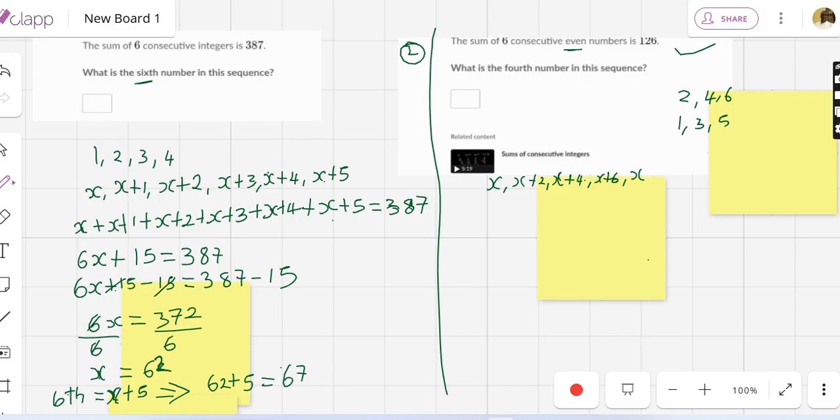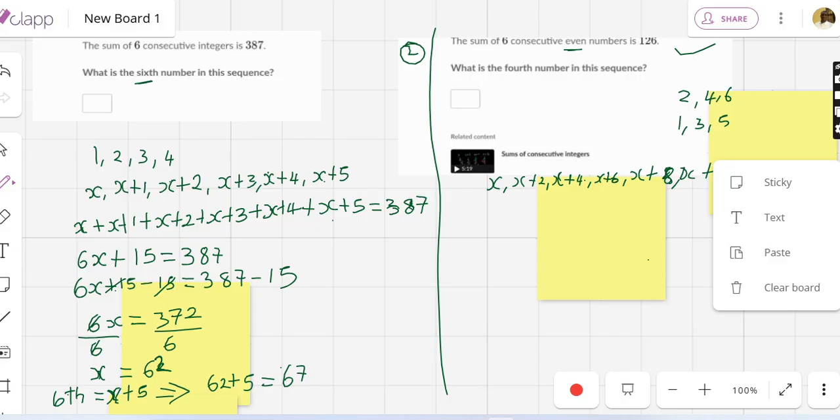Then the sixth number is x plus 10. Are you with me? So these are the numbers.